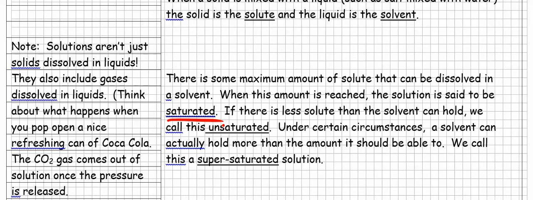If you put a little bit more, stir it up, a little bit more, it's still going to be dissolved. But at a certain point, you can't put any more salt in there without it falling to the bottom of the container, whether it be a glass or beaker or whatever it is, and therefore it is saturated. At that point, where you've put the maximum amount of solute into the solvent, the solution is said to be saturated.